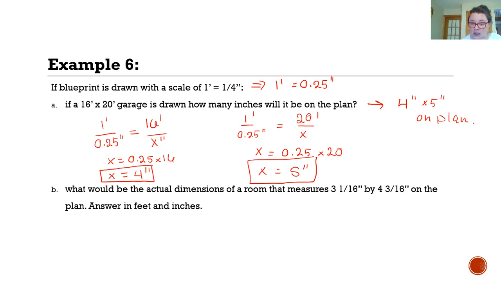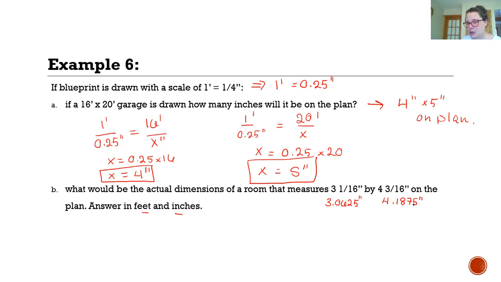Well, let's solve it. So the first thing I'm going to do, let's switch to decimals because it's going to be easier for us to measure. So 1/16 is 0.0625, so 3.0625 inches. And this one is going to be 4.1875 inches. And we want to answer for our plan in feet and inches, so we'll see what we can solve for that.